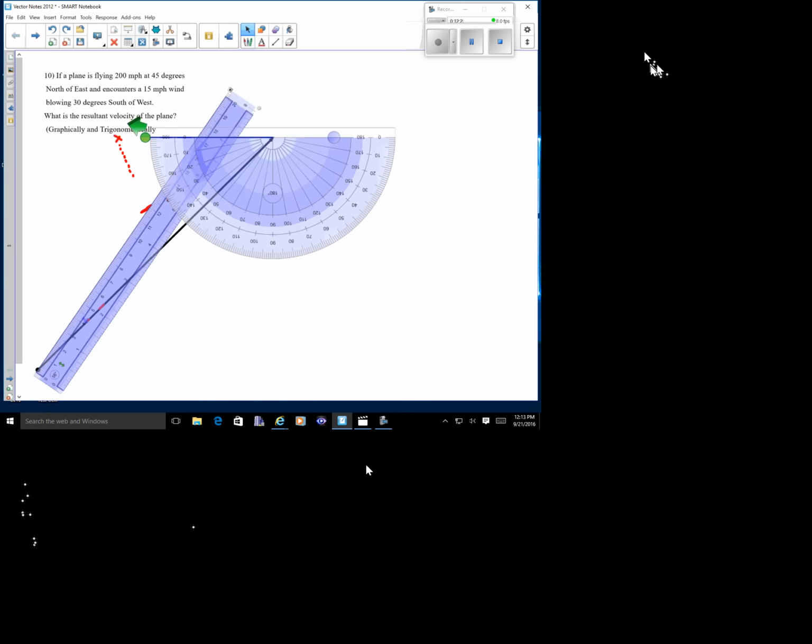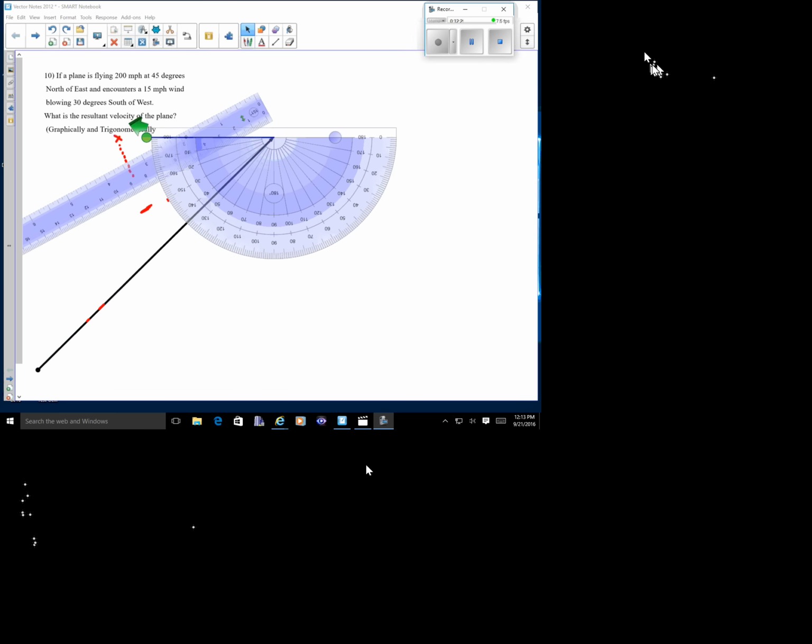Now I have to draw a vector beginning at the end of the first vector, and it's 15 miles per hour, so that would only be 1.5 centimeters. I'm going to go straight to there, which is a real little teeny line. Let me make it a different color so you can see it.